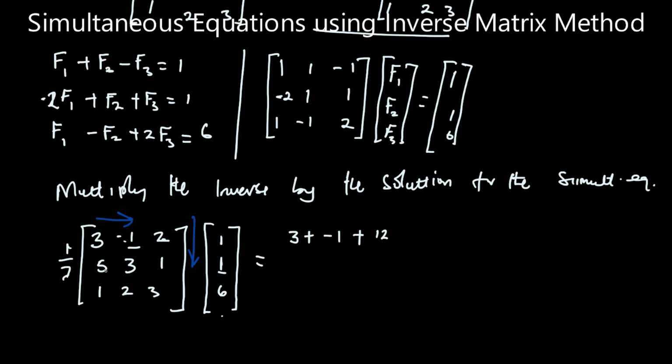We go to the second row, 5 times 1 is 5, plus 3 times 1 is 3, plus 1 times 6 is 6. The last row is 1 times 1 is 1, 2 times 1 is 2, and 3 times 6 is 18.